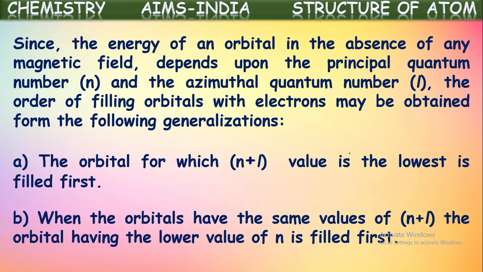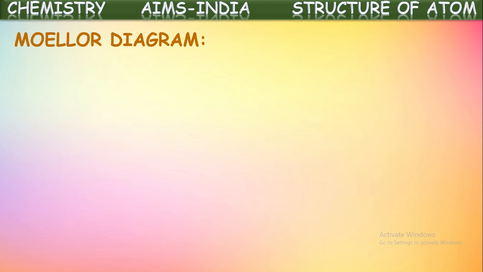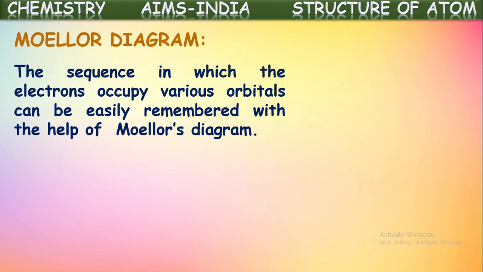The orbital with the lower n plus l value will be occupied with the electrons first, and if there are two or more orbitals with the same n plus l value, then the orbital with the lower n value will be occupied with the electrons first. Okay, this is given by Aufbau principle. This is clearly explained in the Moeller diagram.